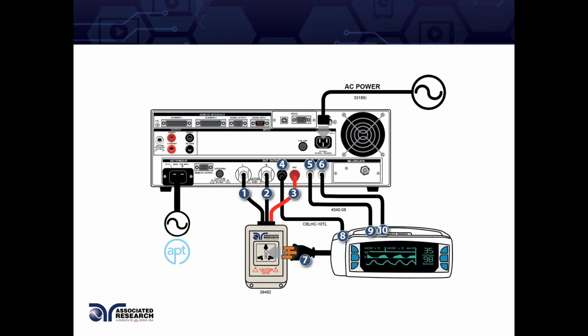Anything that the patient comes in contact with must be tested, because it has some potential of leaking current through that point, and that current can then flow through the patient. So here's what we consider a mini MET test system, with everything that you need to test your product and measure different leakage current types.